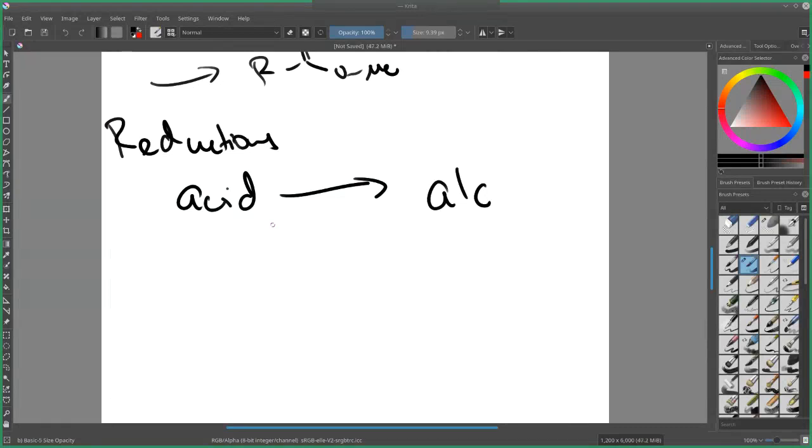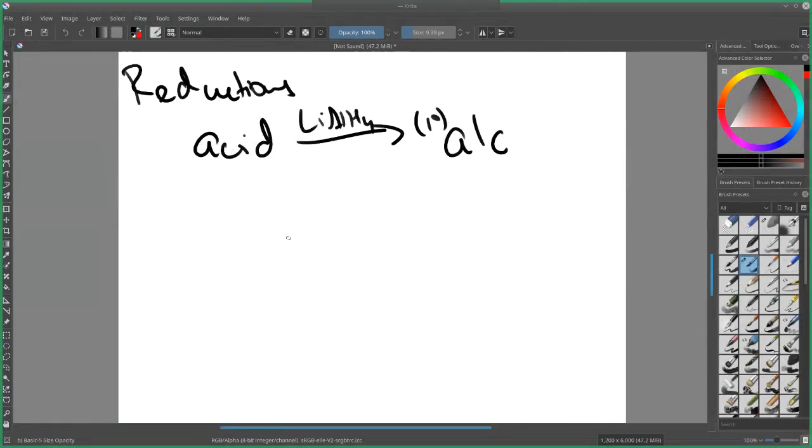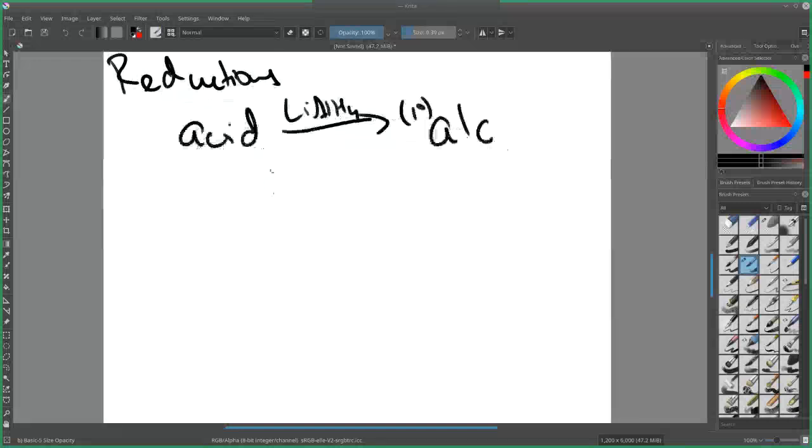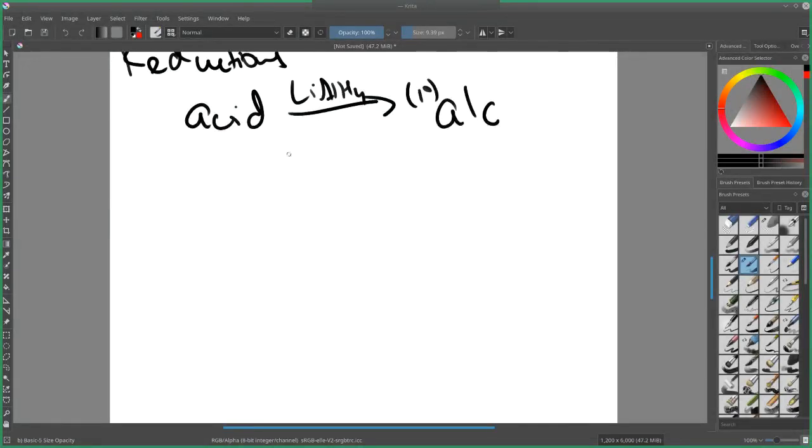And going from acid to an alcohol, well, you know how to do that. This is specifically a primary alcohol. You just take lithium aluminum hydride and really blast your acid with it until it becomes an alcohol. This is a super strong reagent, so this will happen pretty easily, right?